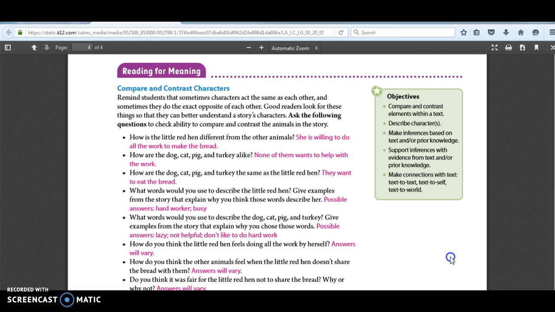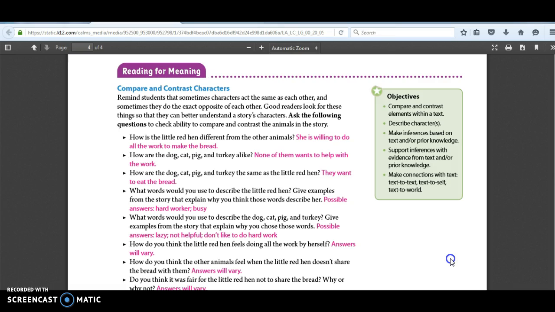What words would you use to describe the Little Red Hen? What words can we use to describe Little Red Hen? Tell your learning coach how we would describe the Little Red Hen. If you said she was busy, she was a hard worker, those would be some really good words to describe the Little Red Hen. What words would we use to describe the dog, the cat, the pig, and the turkey?